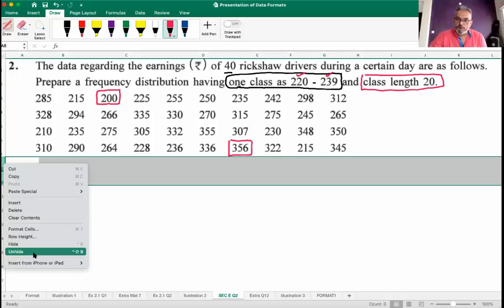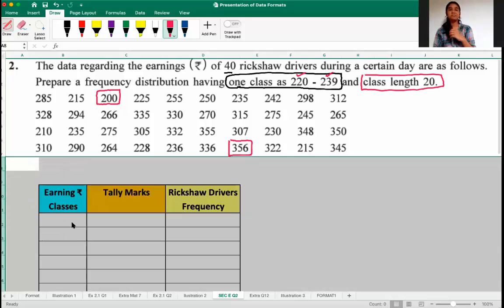Okay, let's make the format. We write the heading first.